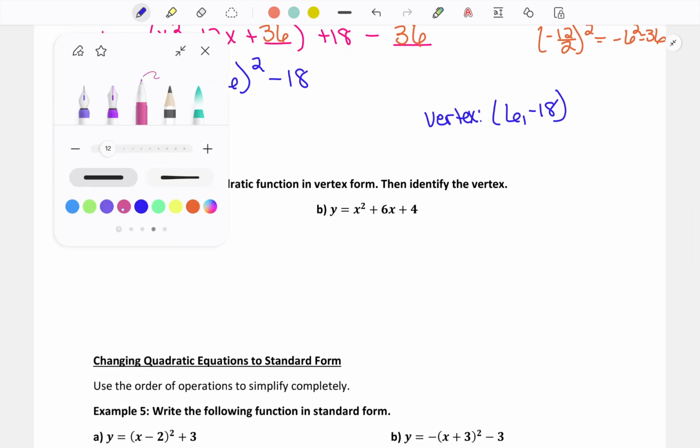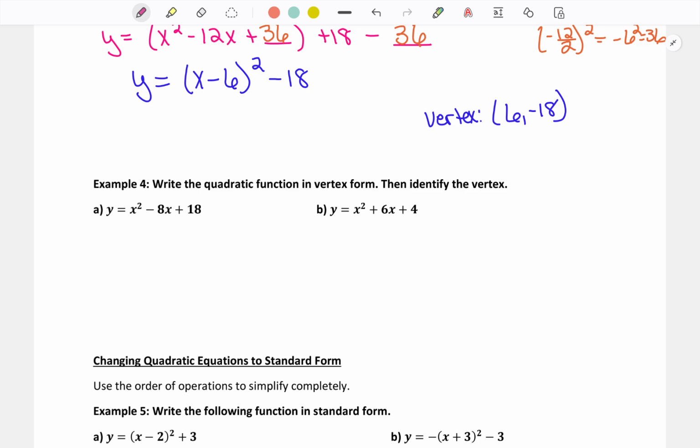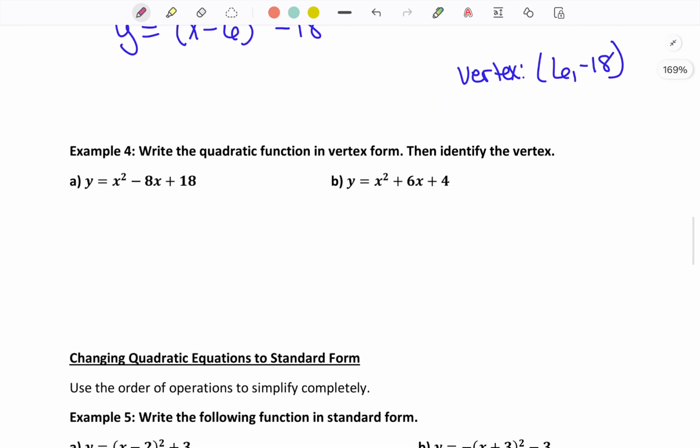So let's go ahead and look at example 4 here. We're going to be doing the same thing. And so we are going to take y equals, and we are going to do x squared minus 8x plus something.